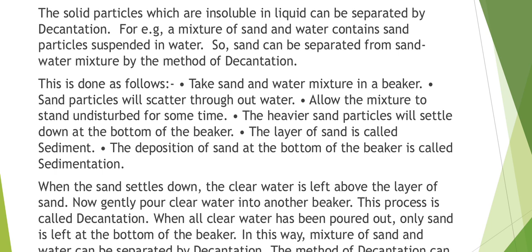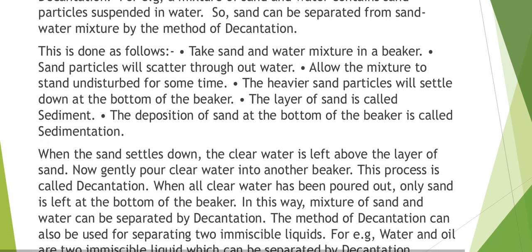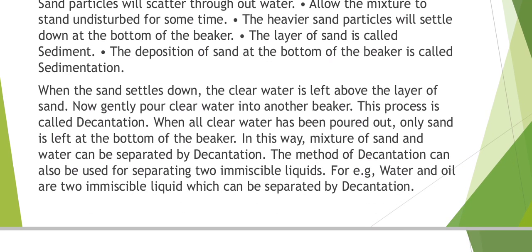The heavier sand particles will settle down at the bottom of the beaker. The layer of sand is called sediment. The deposition of sand at the bottom of the beaker is called sedimentation. When sand settles down, the clear water is left above the layer of sand.